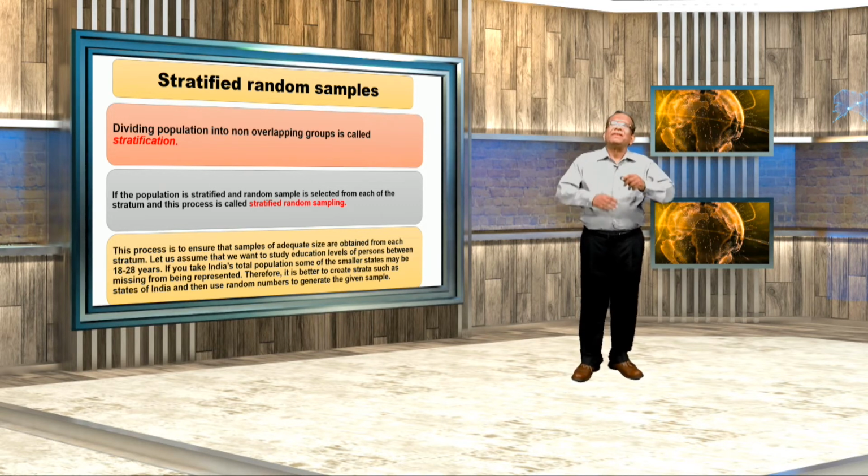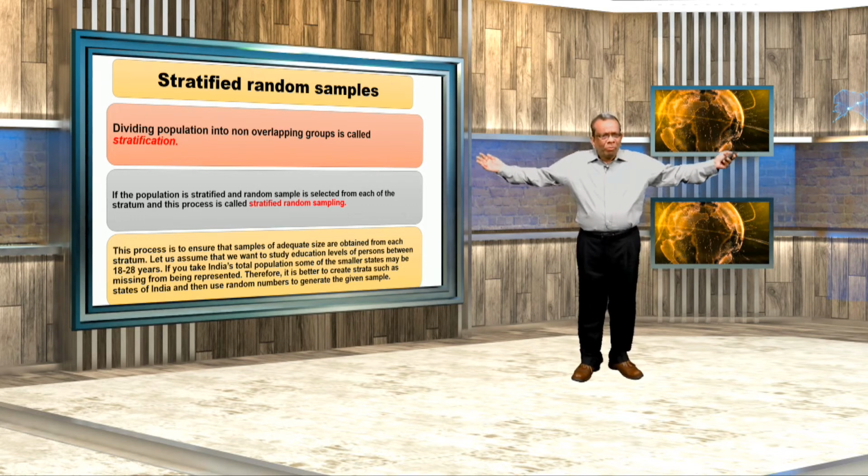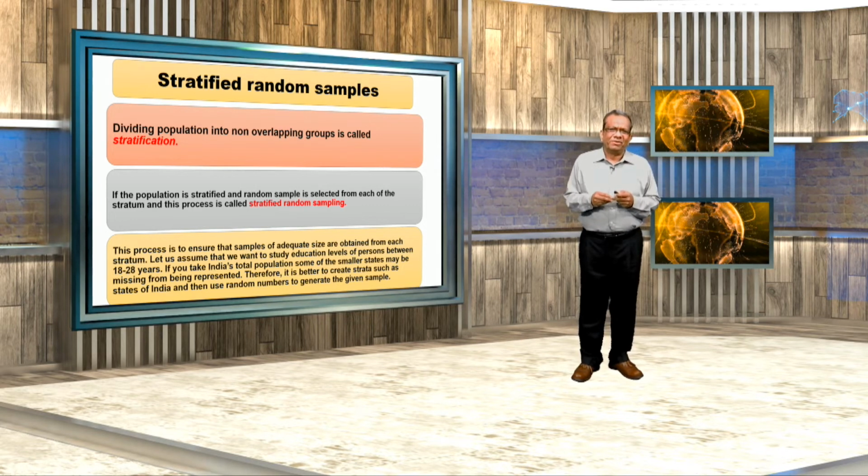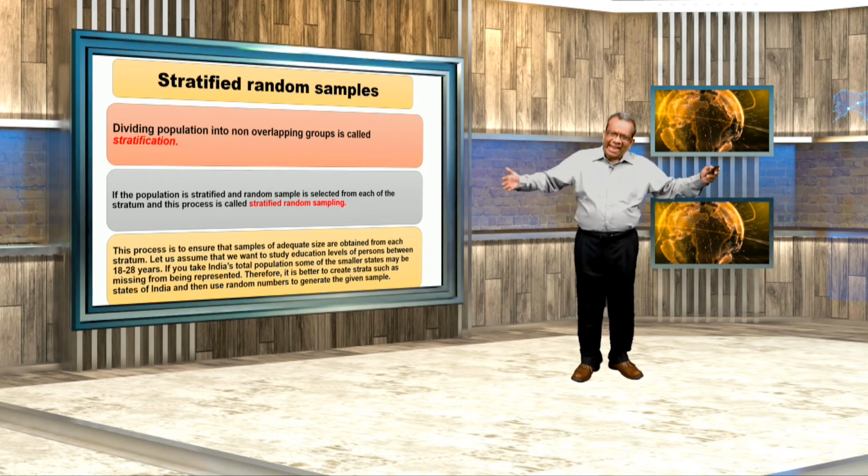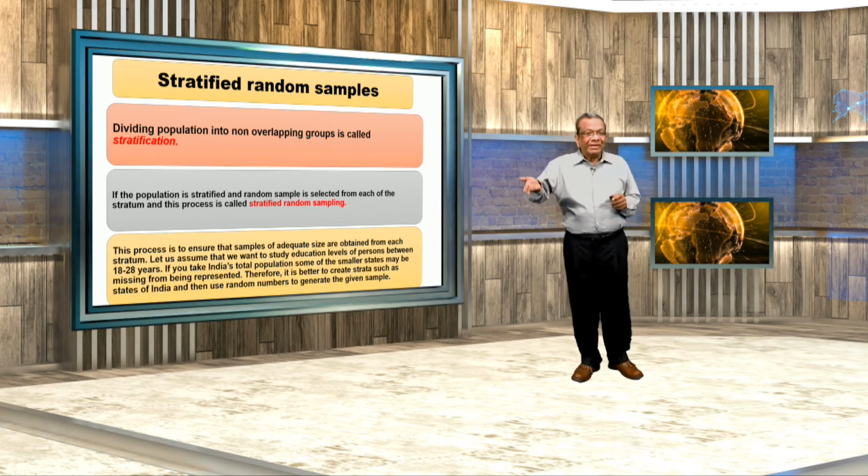If there is a large amount of homogeneity, where most of the samples have similar characteristics, probably we may use simple random sampling.